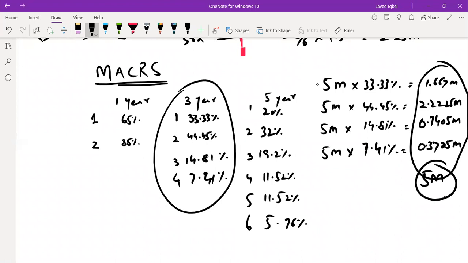So in this case, if you had salvage value, you should multiply these rates with the depreciable value. And how do you find it? Same cost minus salvage value.